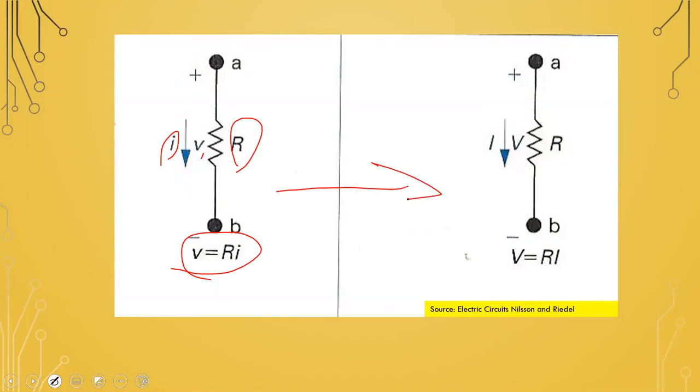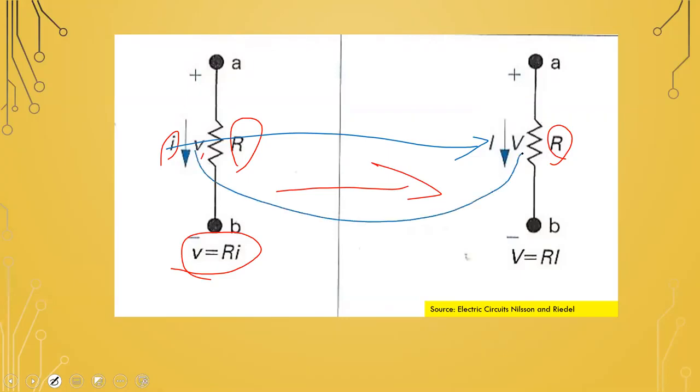And what we're saying is that in terms of the frequency domain, the same representation is used, where we have R, that's our constant. And then of course, the Laplace of i, so we are moving from lowercase i to uppercase I, and from lowercase v to uppercase V.